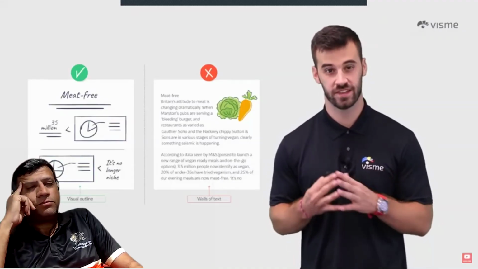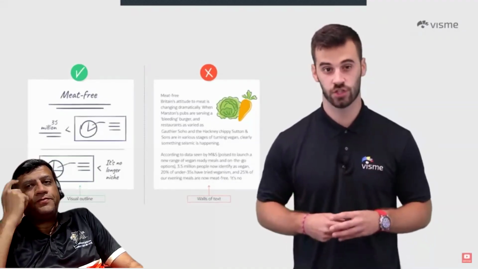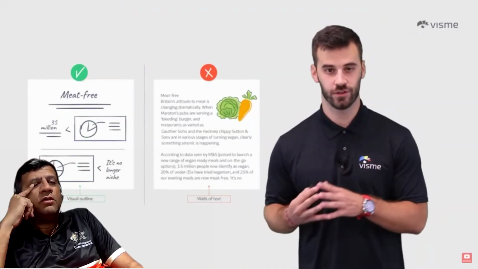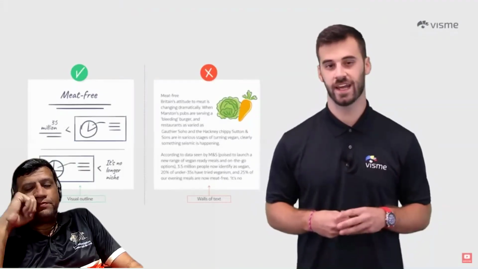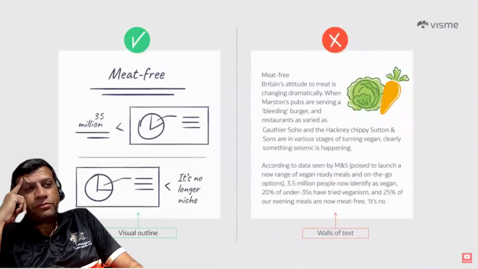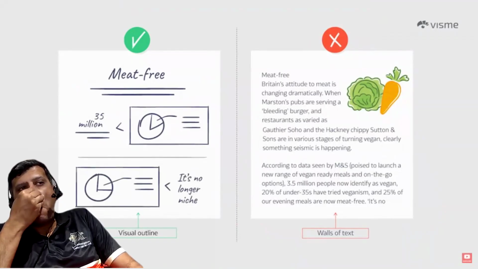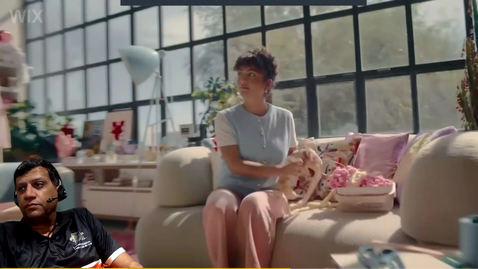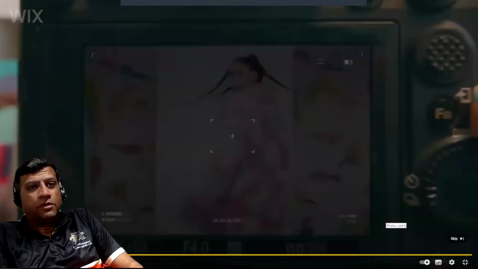Only keep information that directly drives your message home. For the text that you do want to keep, consider using bold fonts or unique styles to help it stand out. Then, put your ideas on paper. Create an outline like the one that we have here to help you visualize the final product. This is the best way to get an idea of your text to visual balance. It's not crafty. It's your craft.